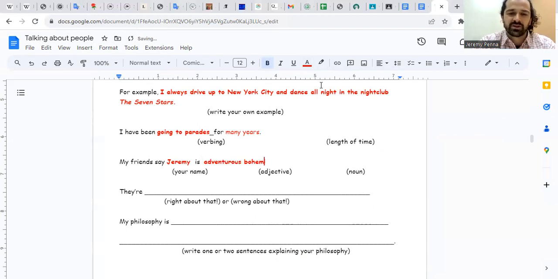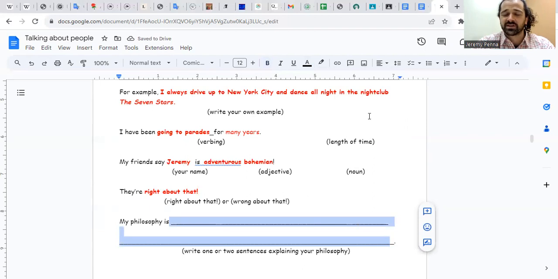Adventurous bohemian. There we go. Now, are they right about that, or are they wrong about that? They're right about that. My philosophy is, write one or two sentences explaining your philosophy.